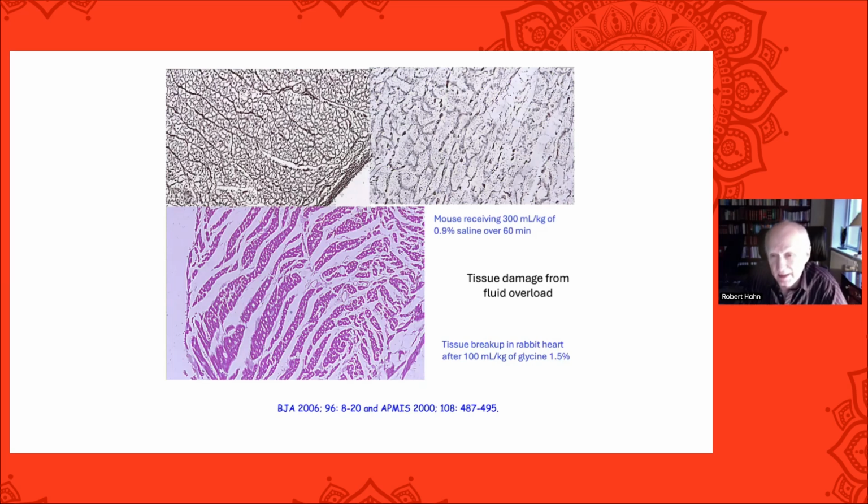get tissue damage. And these are pictures from experimental animals, experiments I did in the 1990s. A problem when you get overload is that the heart gets quite damaged. So this is the normal cytoarchitecture. This is the cytoarchitecture from an overhydrated animal.